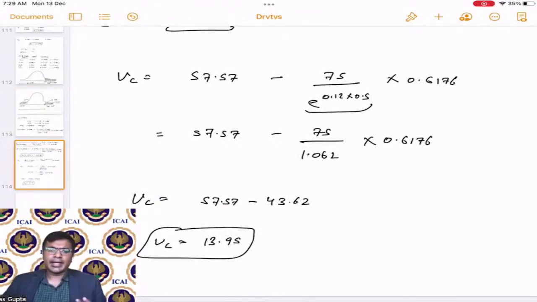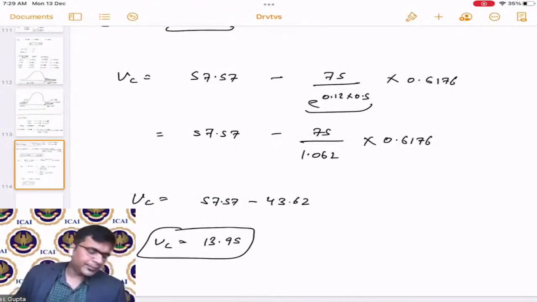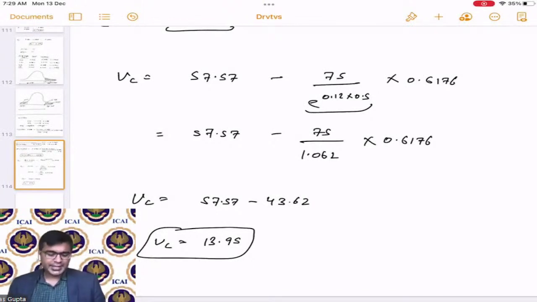So this entire question was very extensive in terms of calculation, but the steps are very easy. There is no ambiguity in the steps. We know how to apply it, and then we can quickly solve it.